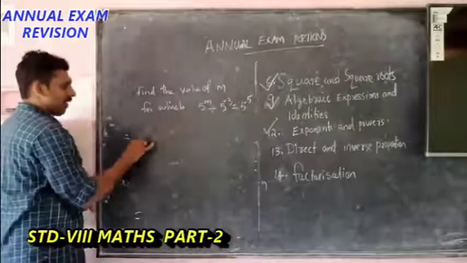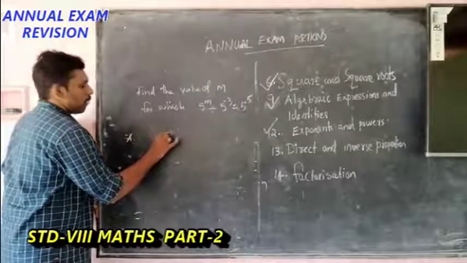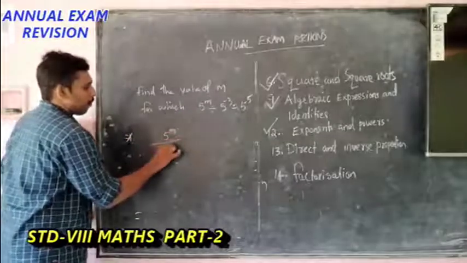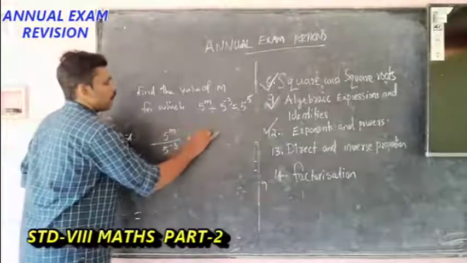So we write 5 power m divided by 5 power minus 3 equal to 5 power 5.